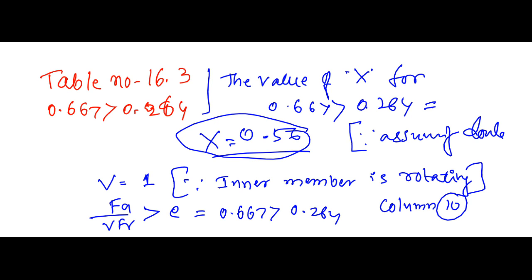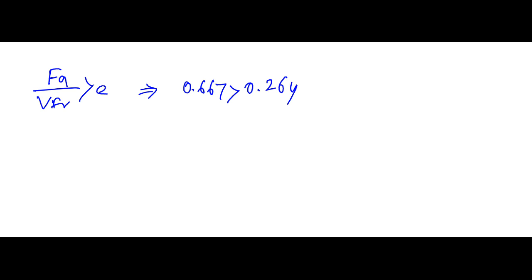Column number 10. So next, to find out the value of Y, again you compare the value of FA divided by VFR with E. Now for comparison, 0.667 is greater than 0.264. Okay. Now in this case, you need to check here.